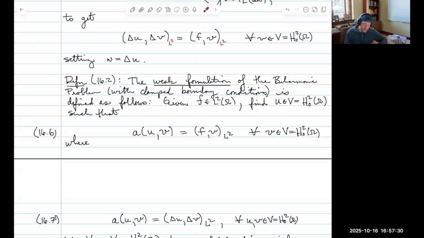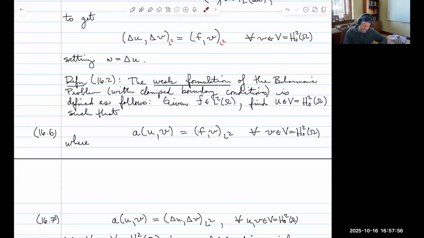What is the weak formulation of the biharmonic problem with clamped boundary conditions? Well, it's defined as follows. Given any f in L2, why f in L2? Because we don't need f to be a continuous function anymore. It can be something as rough as an L2 function. We're looking for a u in V equals H_0^2.